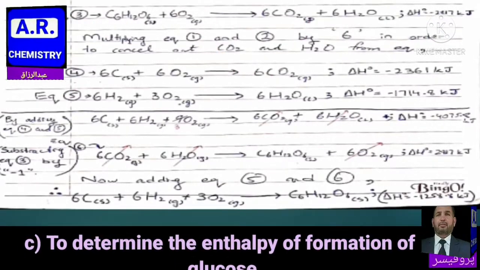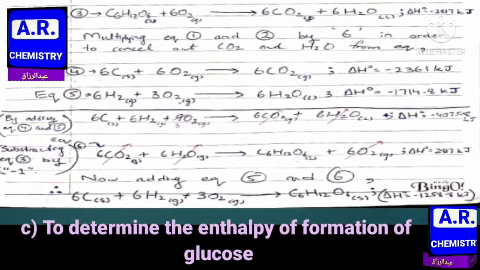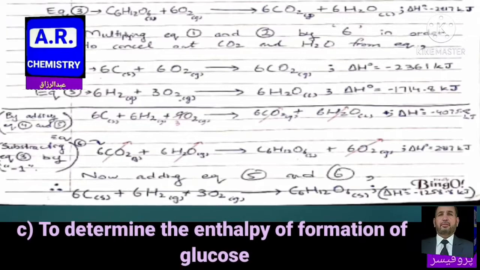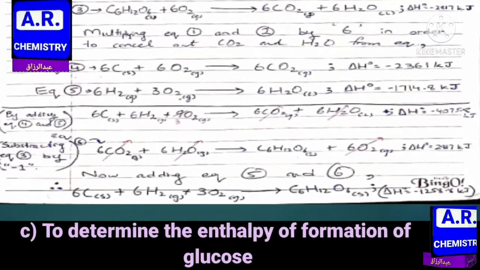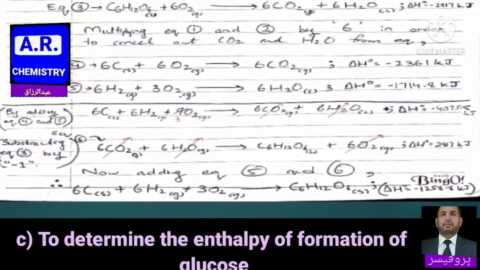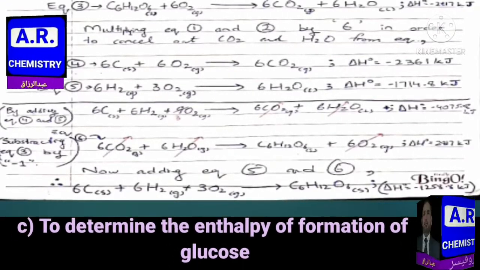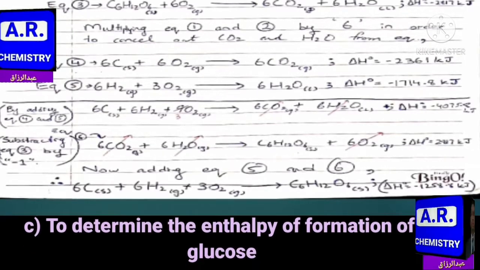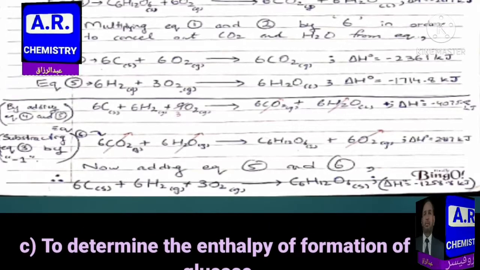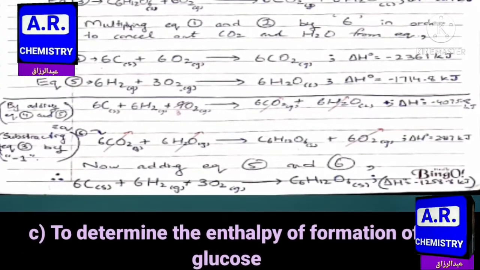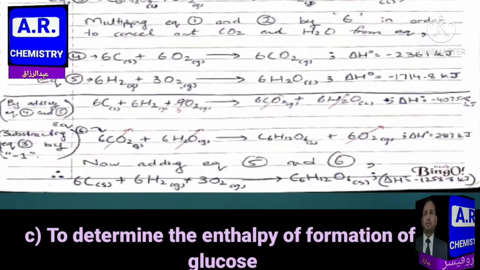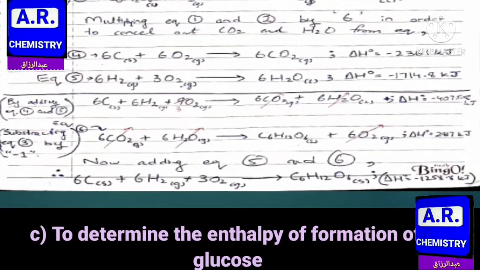So when you manipulate these equations, add the hydrogen combustion and carbon combustion equations and subtract the glucose equation along with their energy values, you get your target final equation, that is 6 carbon, 3 O2, 6O2, 6H2 and glucose plus enthalpy of formation value, whatsoever the result of calculation is.